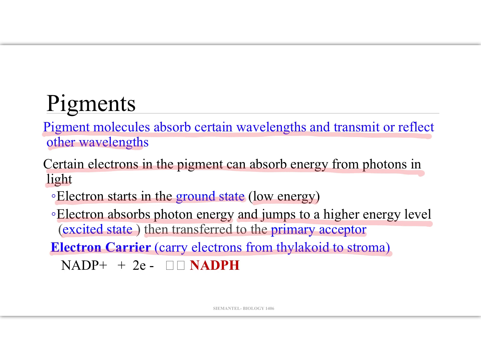This electron carrier is known as NADP+ when it's not carrying electrons, and when it is carrying electrons, it's known as NADPH. Just like with NADH and FADH2, these electron carriers go back and forth between their oxidized form, when they have space to pick up electrons, and their reduced form, where they are carrying extra electrons.